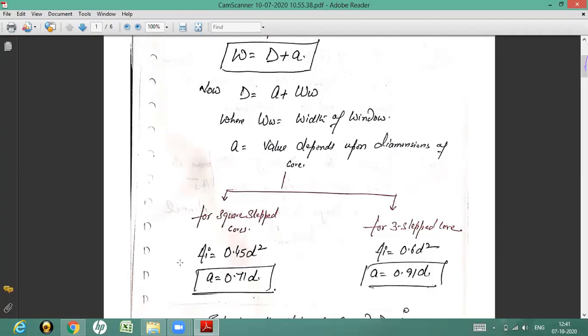Substitute the value of AI from the main dimension into this formula. You can simply calculate here D, and this D is called the diameter of circumscribing circle. After that, this D can be substituted in this equation, that is A is equal to 0.71 D. You can easily get the value of A and put this A value into this equation.